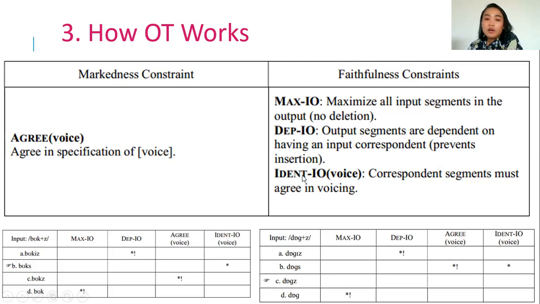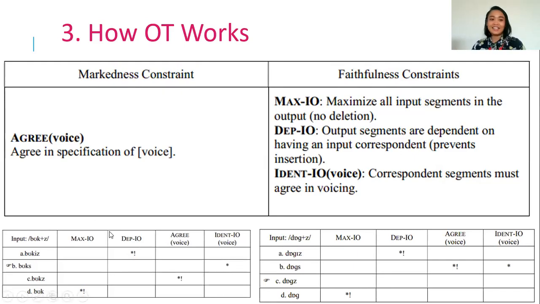And then we also find Ident IO, which the correspondent usually hears, like we can agree with the sound if it's pronounced by a correspondent.